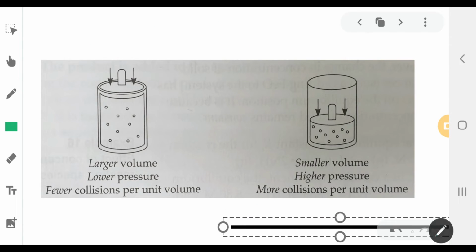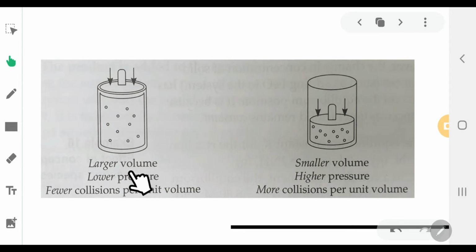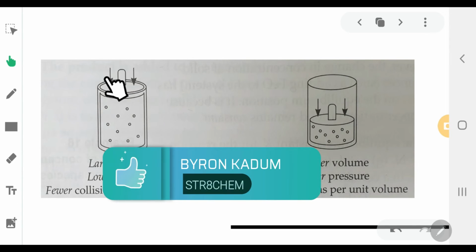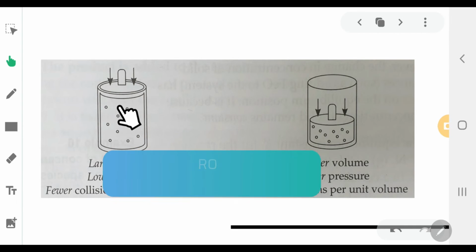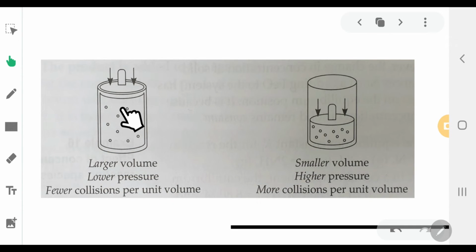Or if it's easier for you to imagine, you can look at this diagram. When you have a larger volume, you will have lower pressure because you have fewer collisions per unit volume inside this vessel. The particles of the gases will have more interparticle space between them, and they can move even further away from one another, making the collisions even fewer.